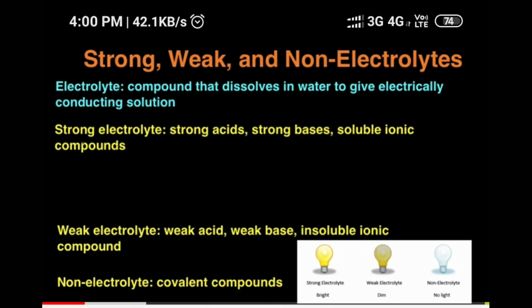Non-electrolytes are those which do not ionize and exist as molecules in aqueous solution. The non-electrolytes are the covalent compounds.